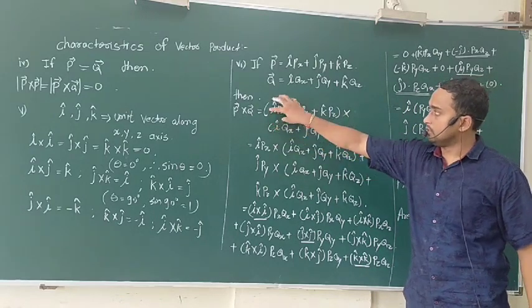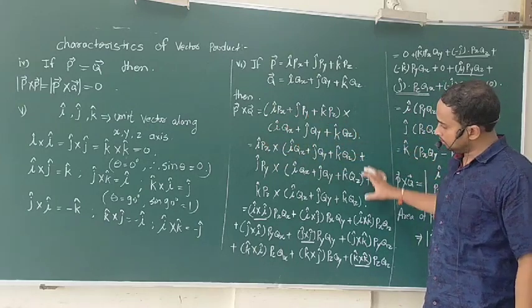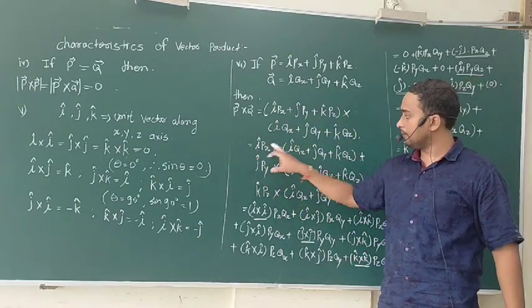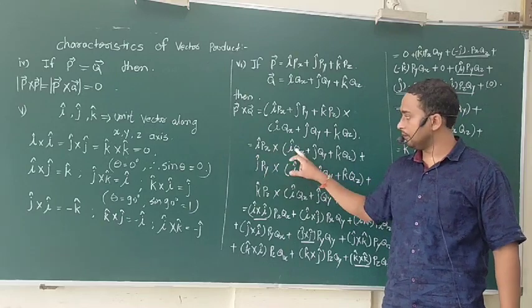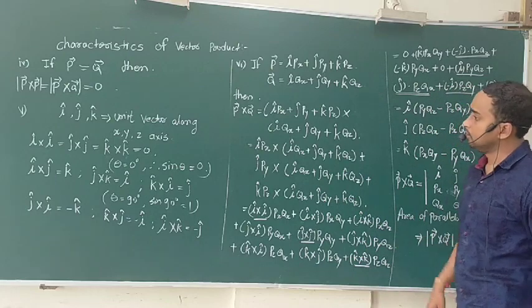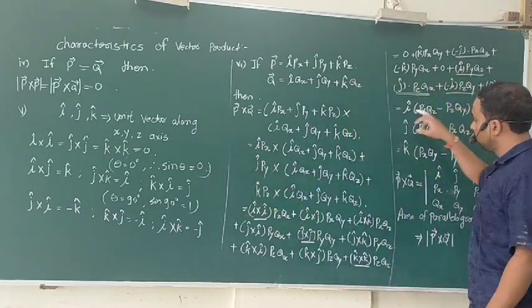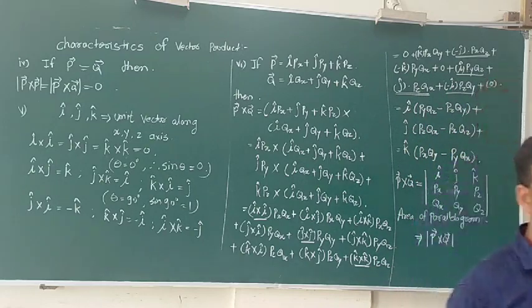So this term is multiplying this whole term. Now here i cap cross i cap into px qx, i cap cross j cap. Similarly we can solve, and we are using this property in here. So we get p bar cross q bar.